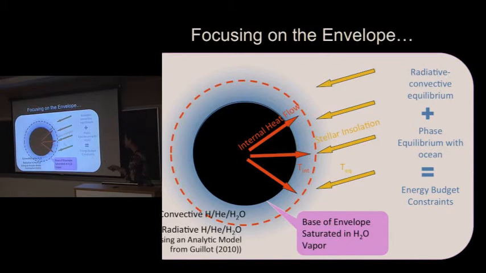So I want the planet envelope to be saturated in water vapor at its base. And so, considering the constraints of radiative convective equilibrium, as well as phase equilibrium of the ocean, we're going to constrain the combinations of T sub int and the equilibrium temperature to constrain the possible energy budgets that allow for liquid water oceans.